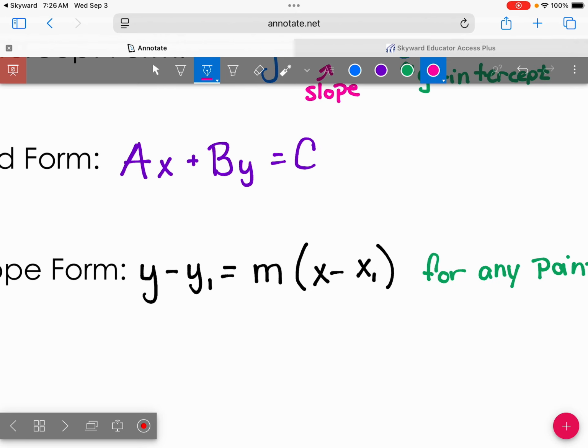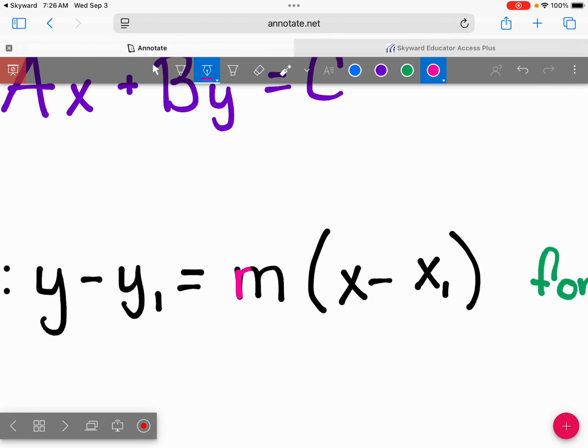And then there's another piece we see in here that's familiar. M. And that's our same m, our same slope. So it is kind of the basis on where the slope-intercept form came from, because if we have a y-intercept, when we substitute that in, we're going to get our slope-intercept form.